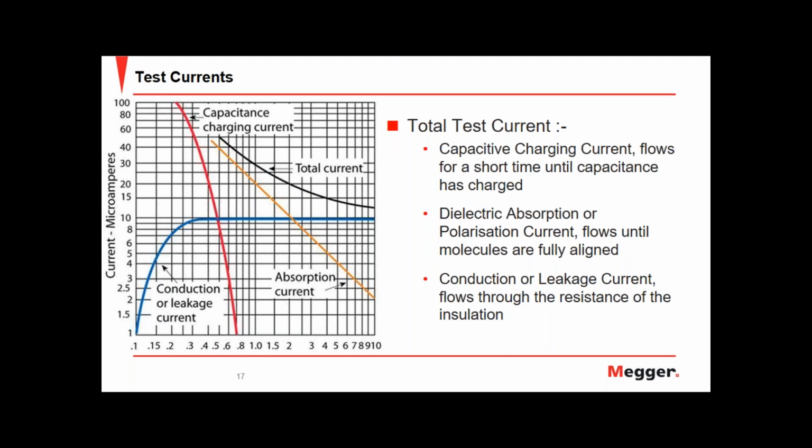Really, the only thing that will affect the polarization index test is if you have good connections, if you're using the correct test leads, and if you're not moving the test leads while the test is going on, which may cause some leakage or extra leakage, especially not stepping on the cables. That is also a very important thing to consider. But any other tests that are performed previously have no effect on the polarization index.